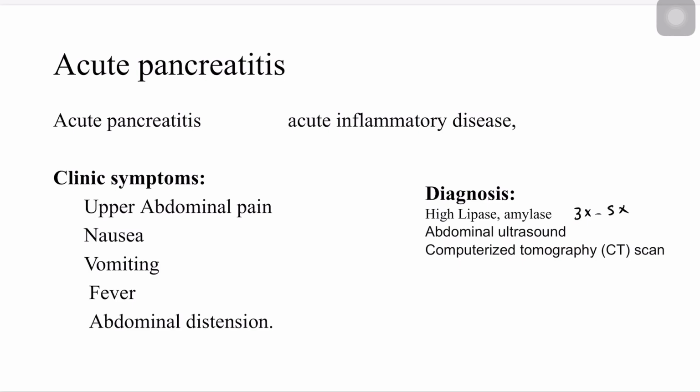And we can use abdominal ultrasound, or we can use CT, or computed tomography. If from these clinical symptoms and diagnostic tests, two of them are true, usually the patient has acute pancreatitis, mainly if they have a very high amount of lipase and amylase. And also we can use abdominal ultrasound.